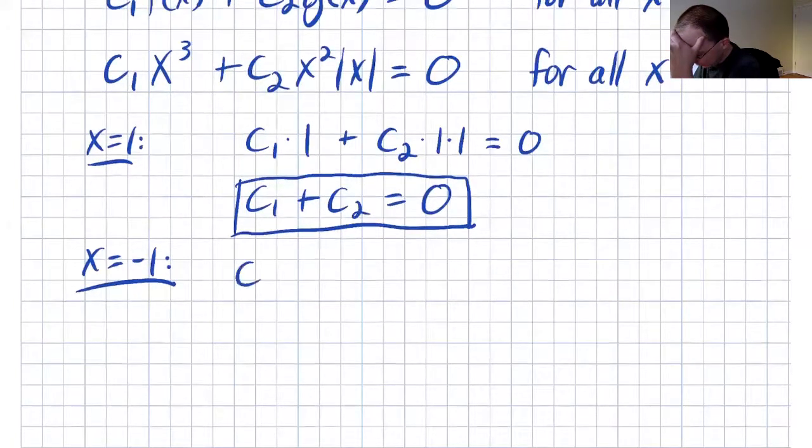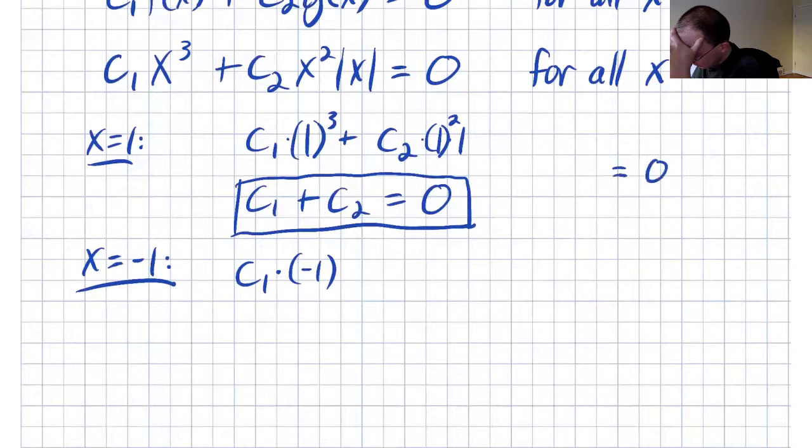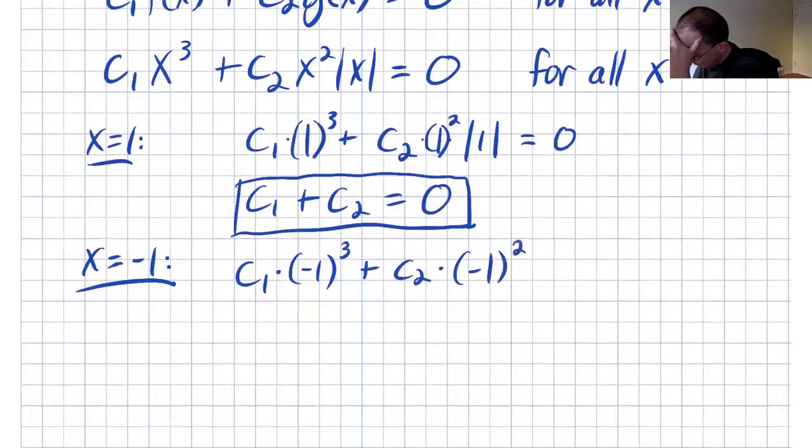So we'll have C1 times -1 cubed, plus C2 times -1 squared times the absolute value of -1, equals 0.